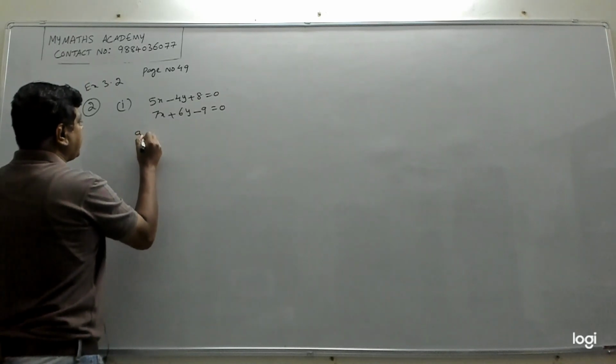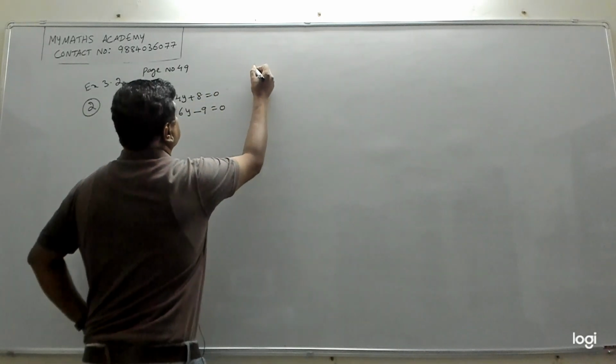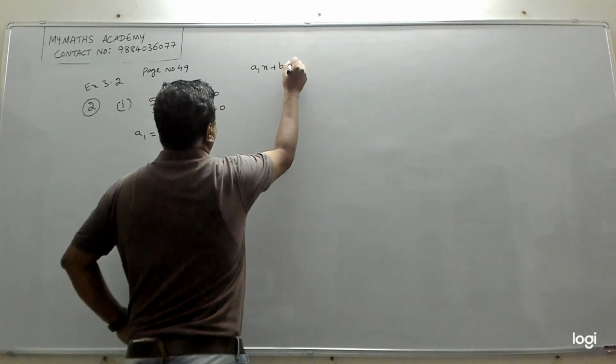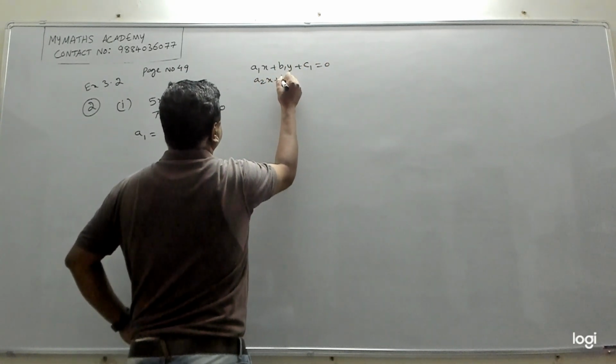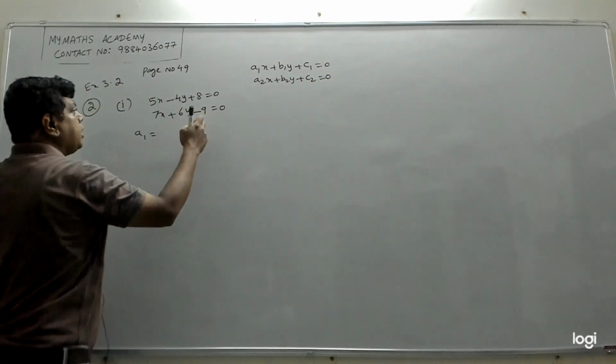What is the general form of the pair of linear equations? It is a1x plus b1y plus c1 equal to 0, and a2x plus b2y plus c2 equal to 0. Now compare the given equations with this.